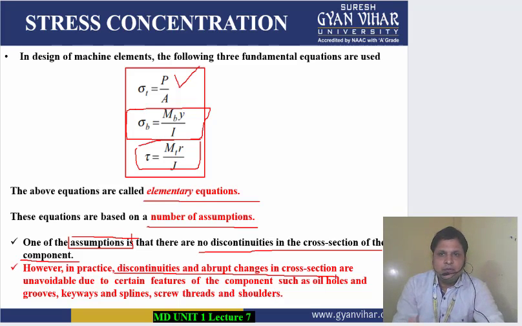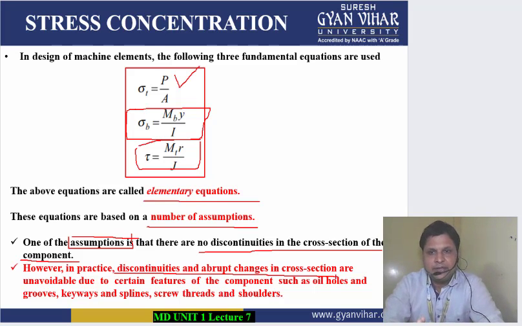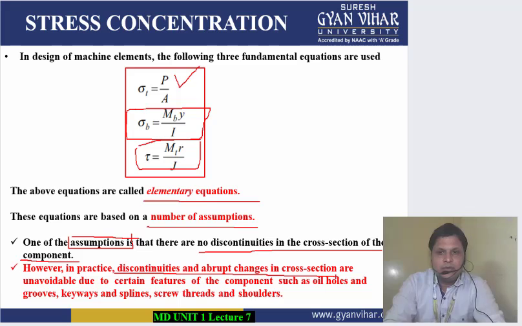For example, if you see any product around yourself and it has some discontinuity, then you can't use these equations. Why? Because these equations have been derived with the assumption that there is no discontinuity in the cross section. But if you look around yourself, you will see a number of products which have discontinuity.